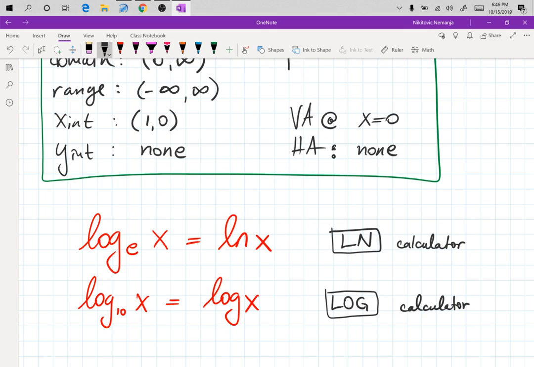When you take a look at your calculators, standard TI-83/84, the ones that you can install on your phone if you have the right phone, there is the LOG button and there is the LN button, right? So those two are featured.